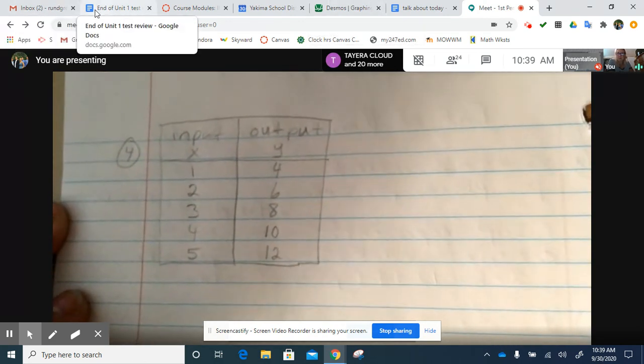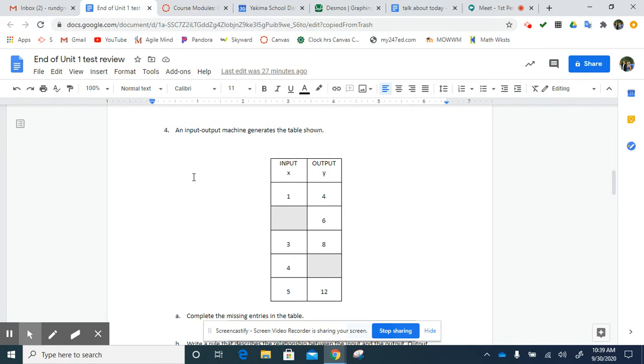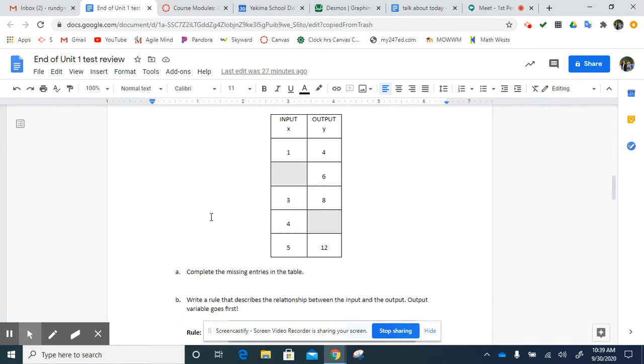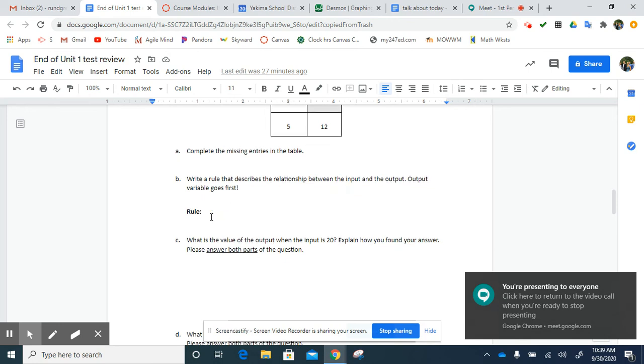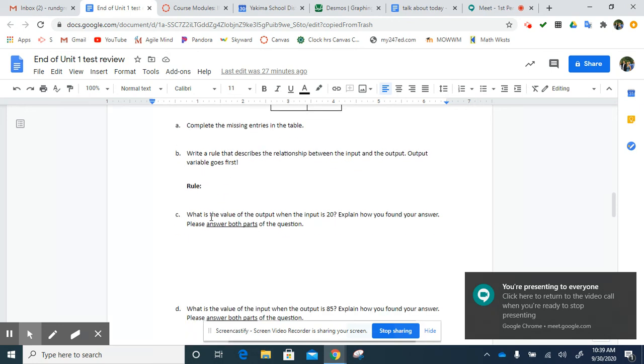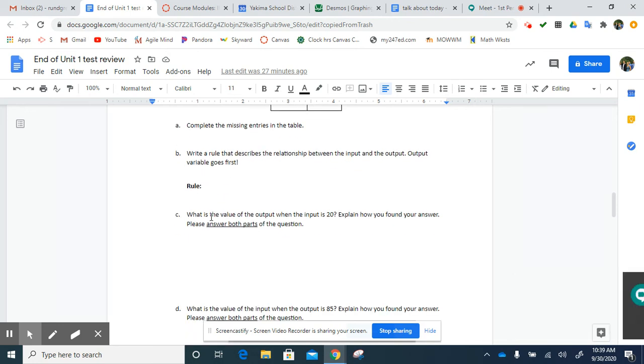But then I think after we complete the missing entries, then it's write a rule that describes the relationship between the input and the output. Output variable goes first. Okay, so for B, it says write a rule.